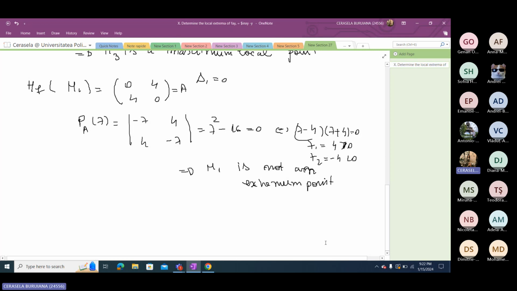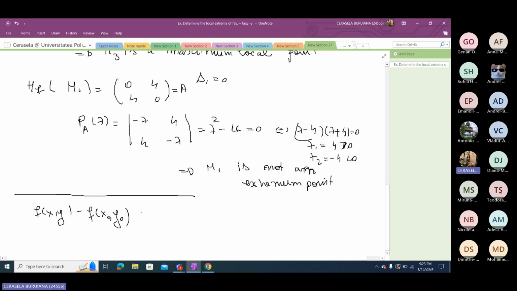Nevertheless, I will tell you what can be done if this method is not working. Let's say the problem is at some point, f of x0, y0, and it doesn't work, neither the method with the determinants nor the one with the eigenvalues.